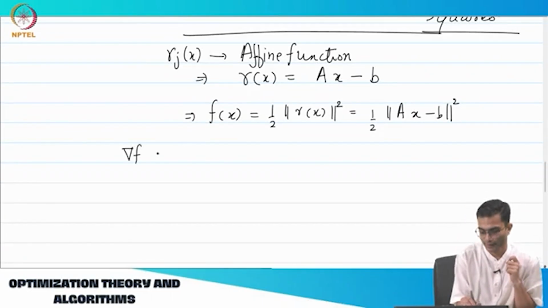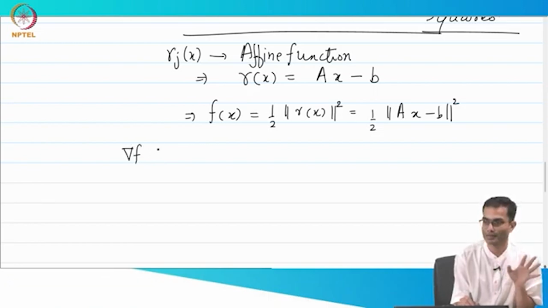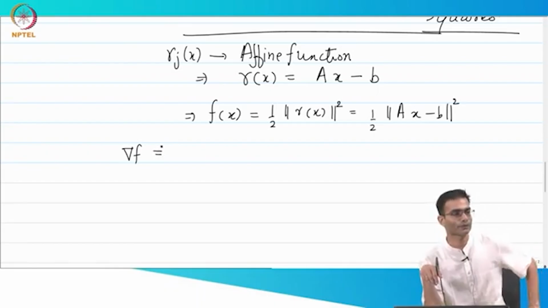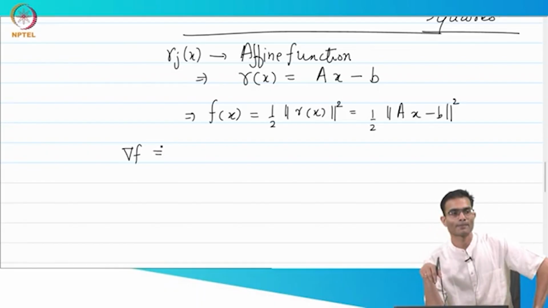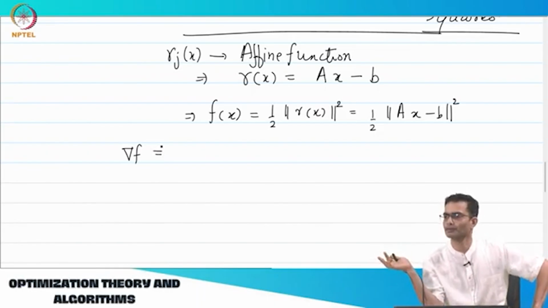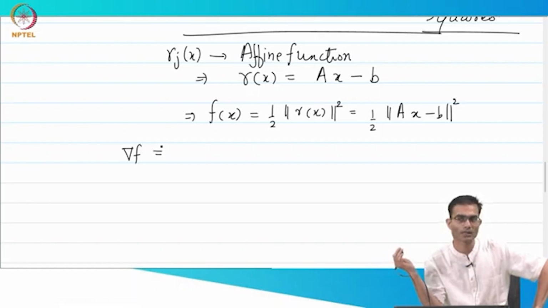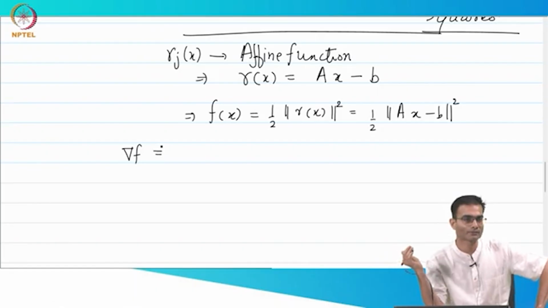If I take grad f, I don't need to remember anything of what I did just now. If you look at this expression and calculate grad f, what will you write? Using what we did in the very beginning of the course, taking the gradient of something like this, what should you get? Multivariate chain rule.